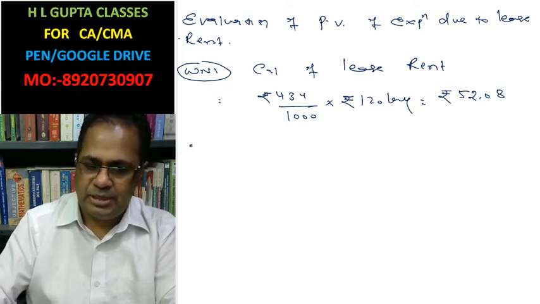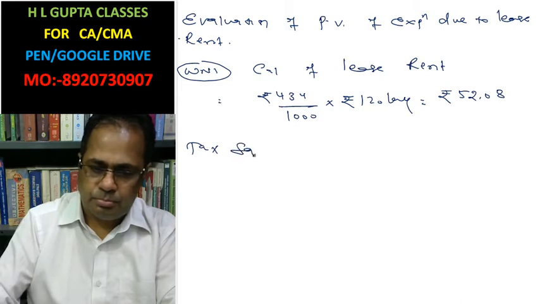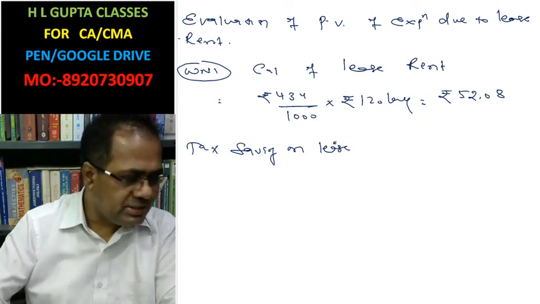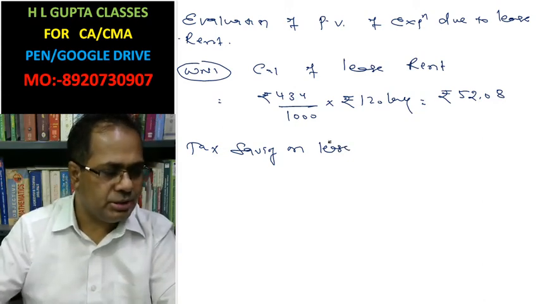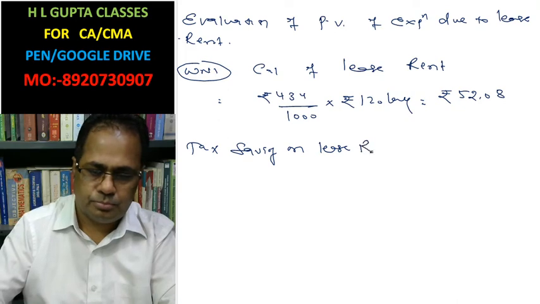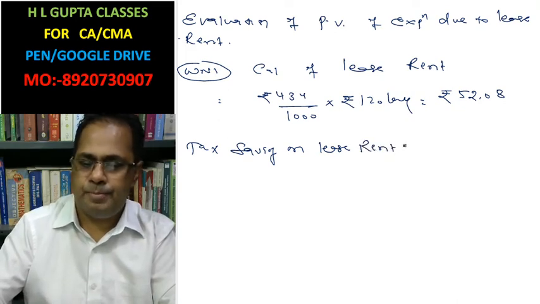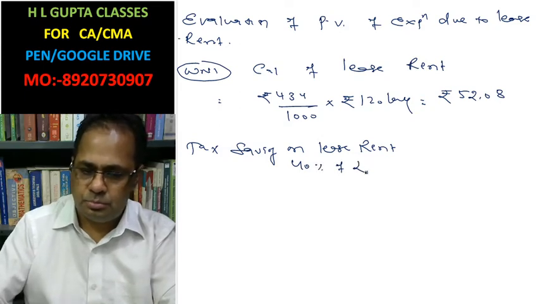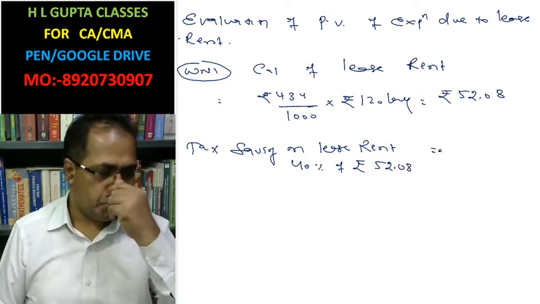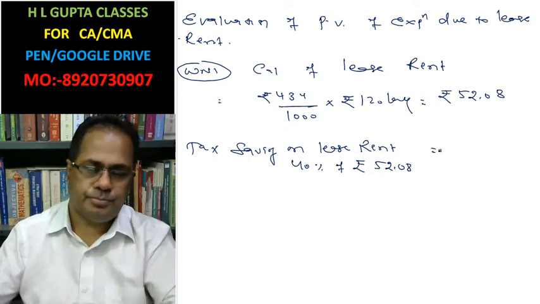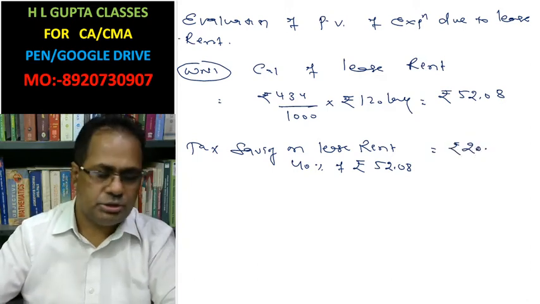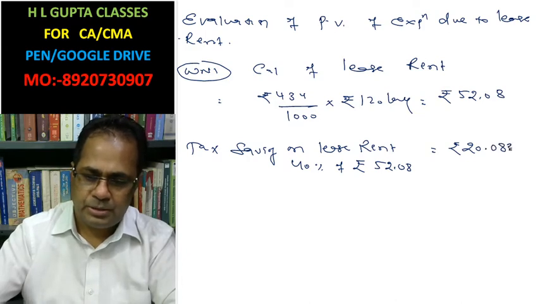Tax saving on lease rent is 40% of rupees 52.08, which is rupees 20.0832 lakhs.